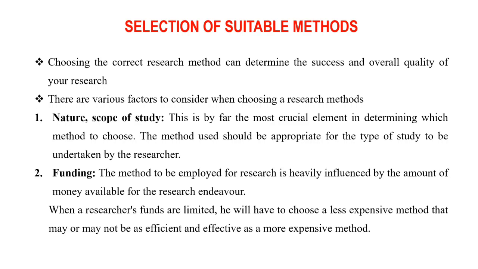Because if you have less money to do your research, at that time you have to choose a less expensive method. When you have only less funding for your research, you have to choose a less expensive method.